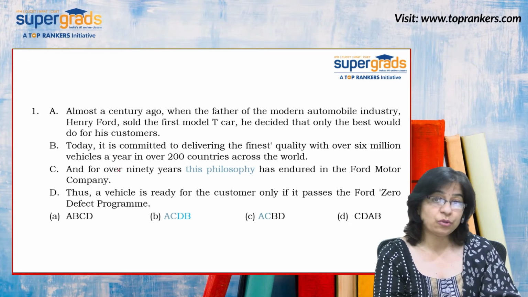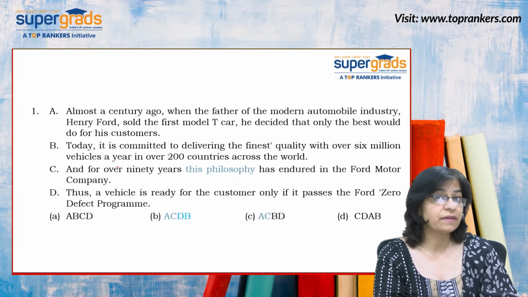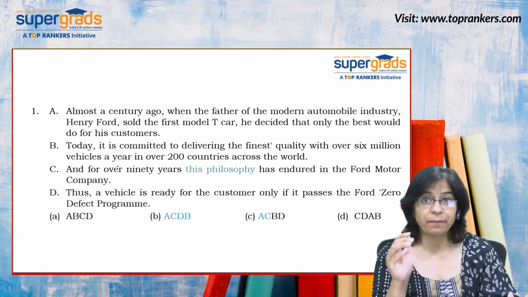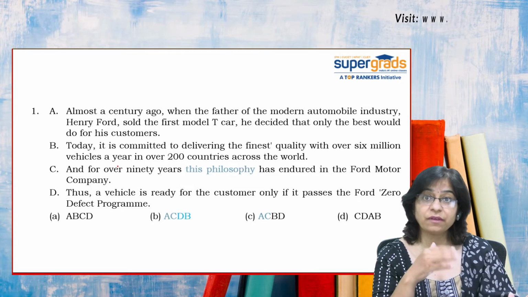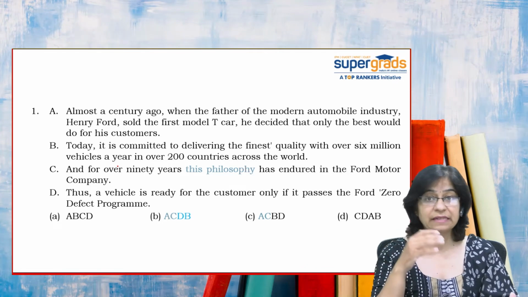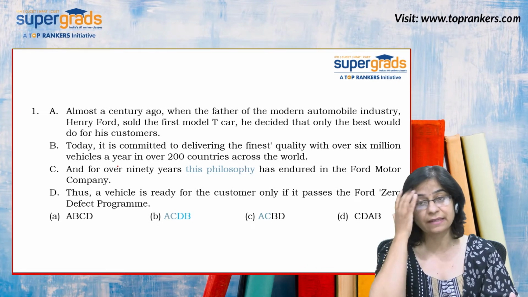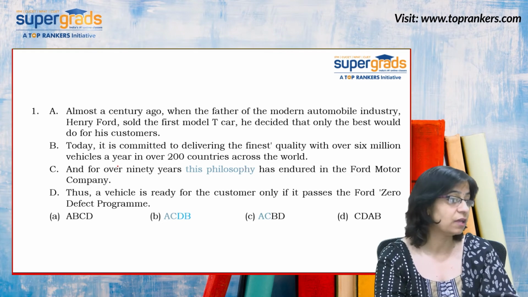Now we need to look for a broad opening statement. We can look for paired sentences. We can look for conclusive statements. We can look for a pattern that is from generalized to specific, or if at all there is data, time, or statistics that has been given in the question.